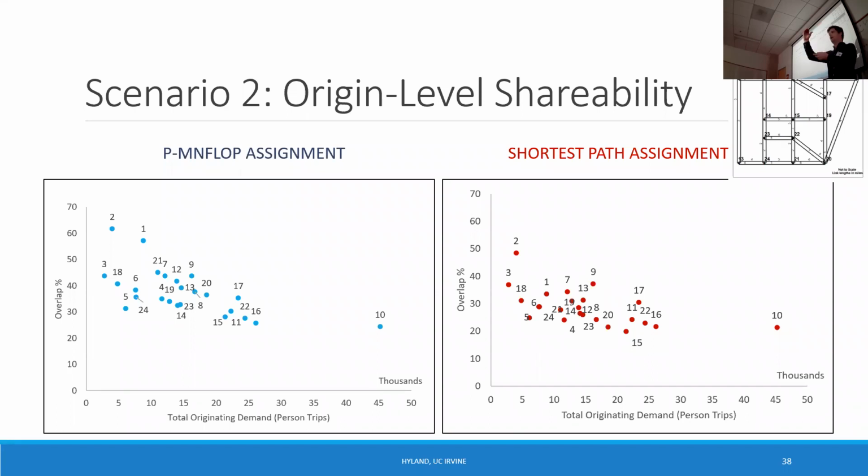In general, you get an increase. You move upwards on the y-axis by doing PM and flop. And the other thing is that there's not a direct, super strong correlation between demand density from a node and overlap percentage, right? There actually is some uncertainty there, which has to do with the underlying transportation network and the dispersion of the demand.